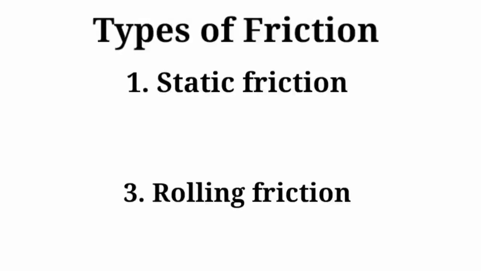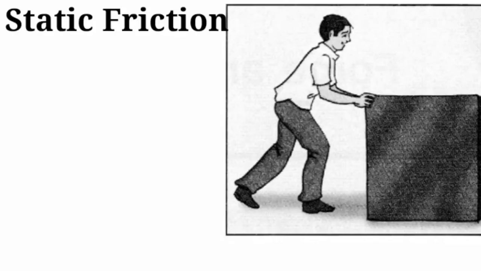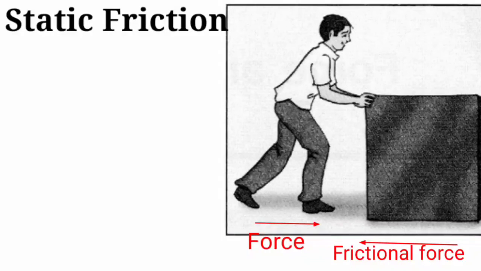So first of all we will discuss static friction. Static means a body is at rest. So if you want to move an object and the object is very heavy, what happens? When you give it initial force, nothing. The object does not move even though you are applying force. The reason the object does not move is static friction.